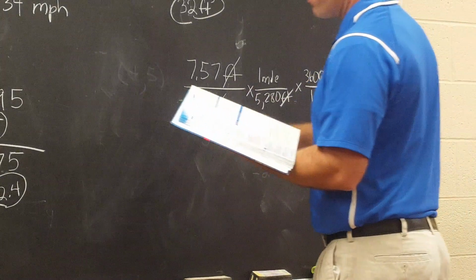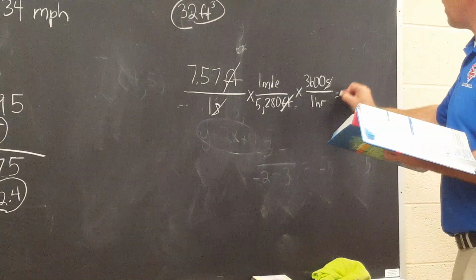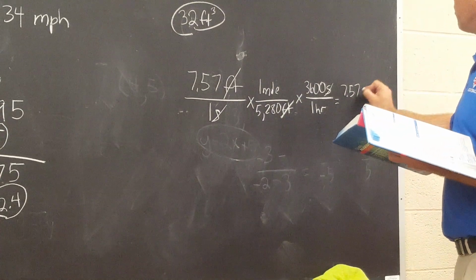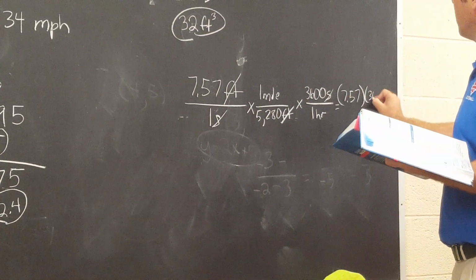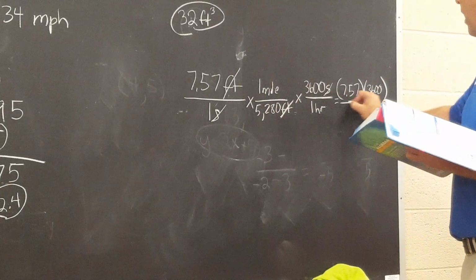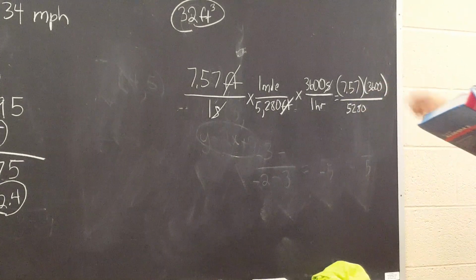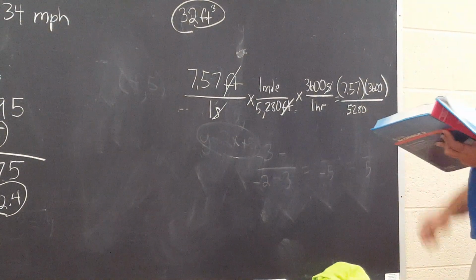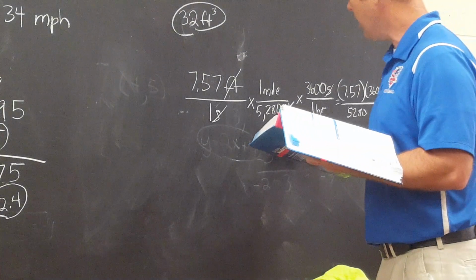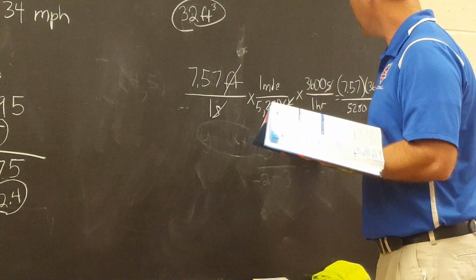Multiply everything in the numerator, so we multiply that 7.57 by 3,600. Then we have 5,280 just being multiplied by 1. So we multiply 7.57 times 3,600 divided by 5,280, and we get this in miles per hour. We get 5.16 miles per hour.